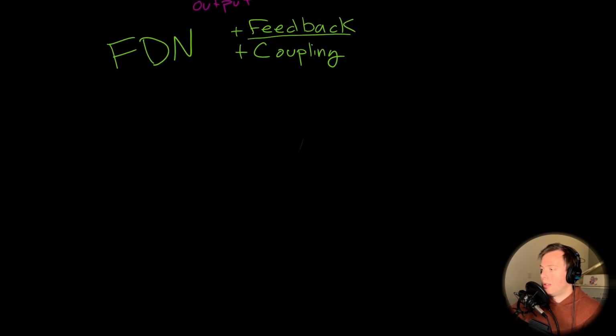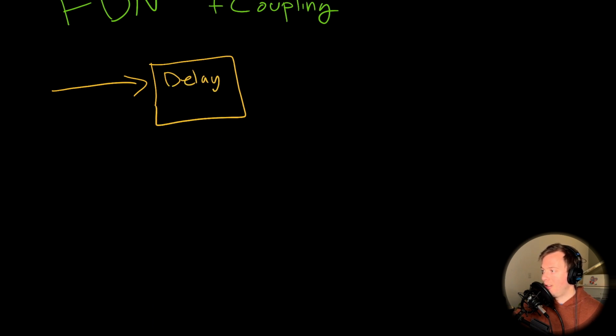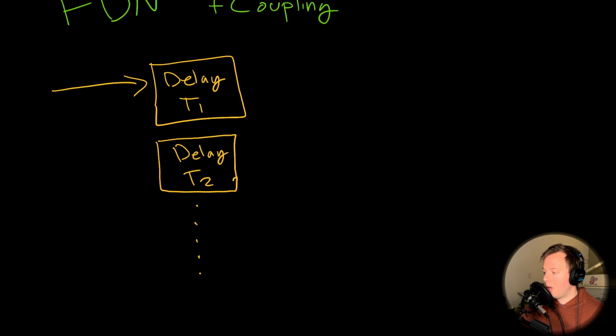Let's go to our next system diagram. This type of system is going to have its input go into, I bet you can't guess, another delay. And it's a delay network, right? It's an FDN. So we're going to have at least 2 delays, and we could have as many as we want, up to like delay 5,000.